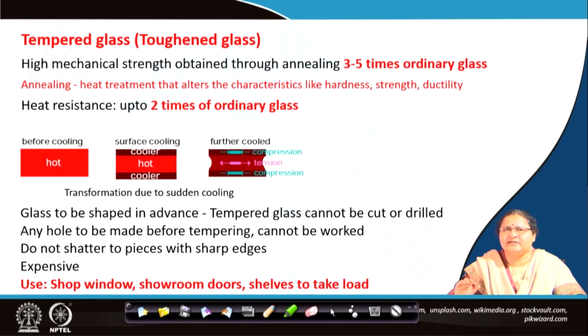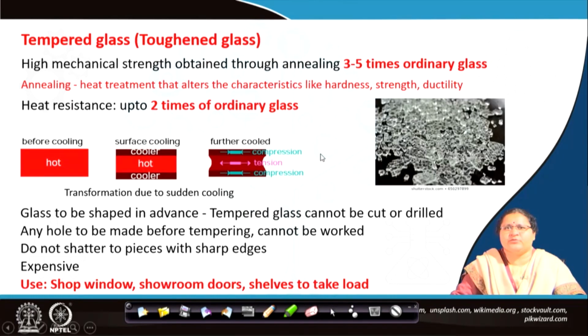it gains heat resistance, and obviously it is more preferred for buildings like shop windows, showrooms, shelves that will take load, entry facades, etc. It is expensive, and the most important point is it will crumble into pieces like pieces of sugar. There is no edge to each of these pieces.